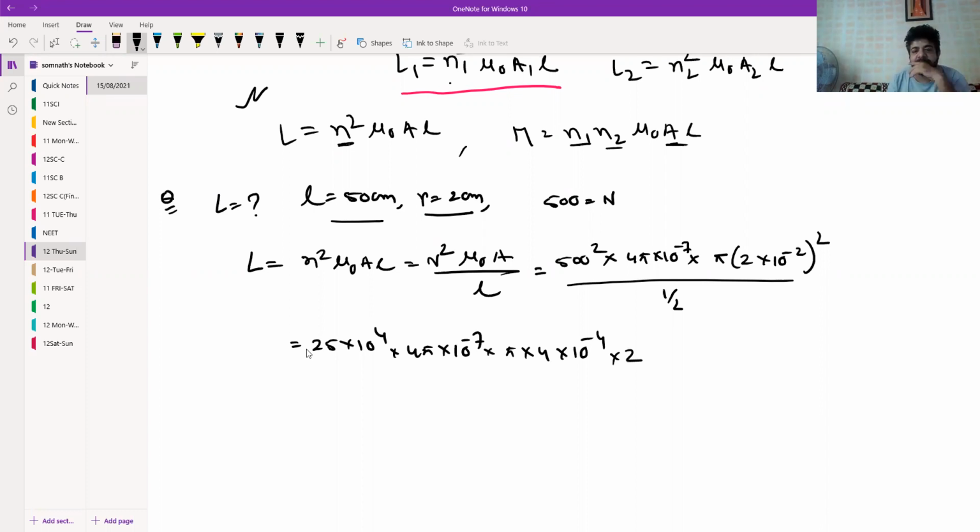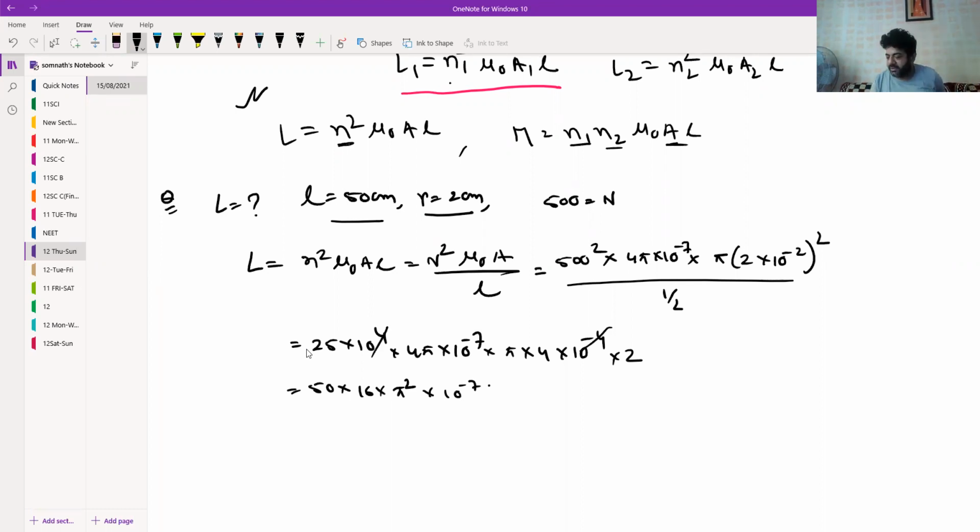So basically 25 into 2, that is 50, into 16 into pi square, and this is 10 to the power minus 7, plus 4 minus 4 you can cancel, so minus 7.